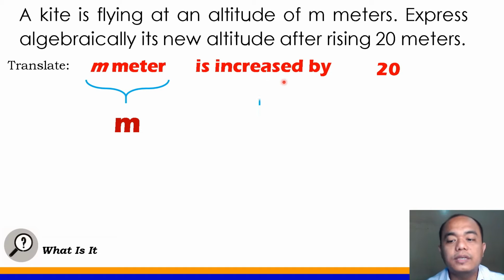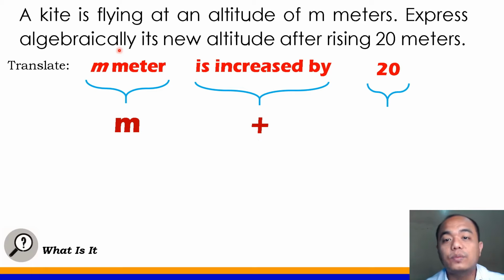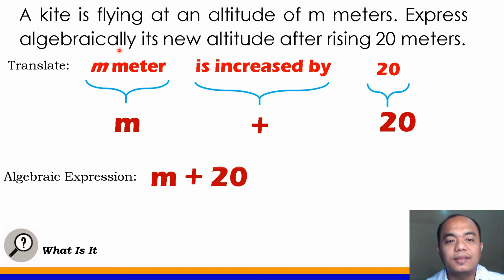How about this increased by? If we use increased by, what operation shall we use? Yes, that's plus. And of course, we copy 20. So, what will represent algebraically the new height of the flying kite? Yes, that's m plus 20.